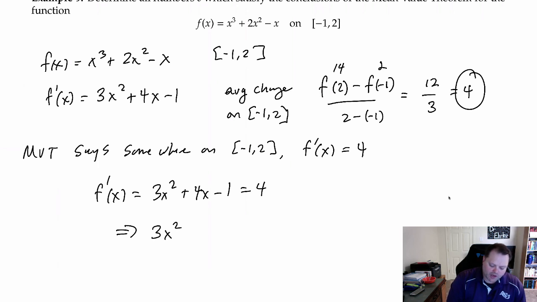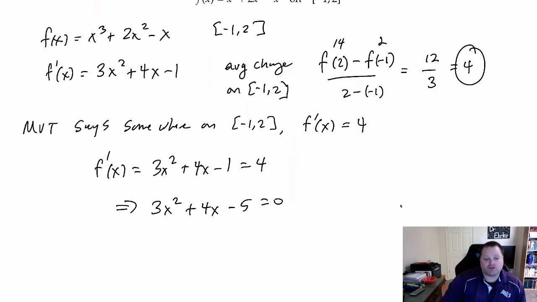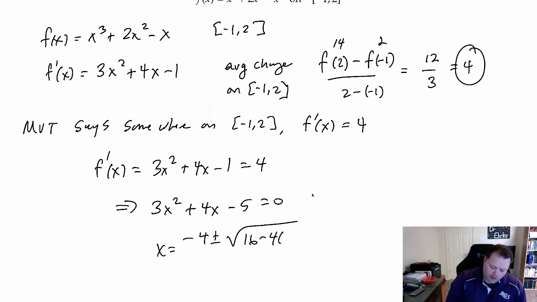Since this is quadratic, it's not too bad. I can subtract the 4 over, in which case I get this quadratic function. Trying to figure out where a quadratic function is equal to 0 means I'm finding the roots of the quadratic function. So you use the quadratic formula here: opposite of b, plus or minus the square root of b squared minus 4ac, all over 2 times a.